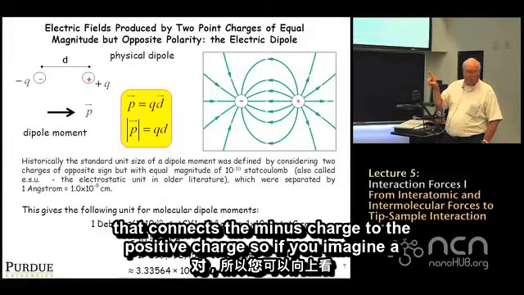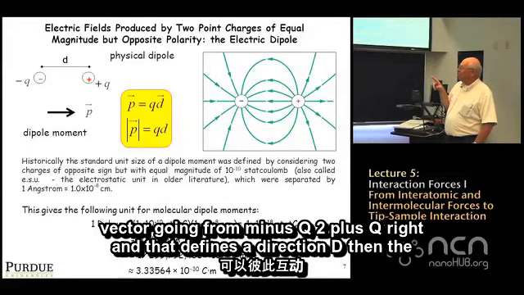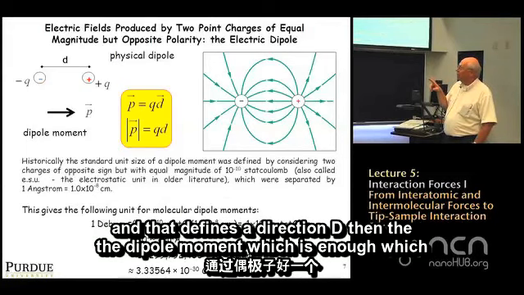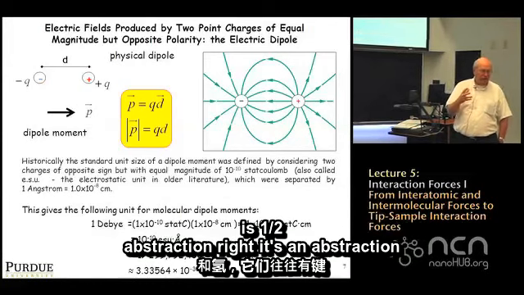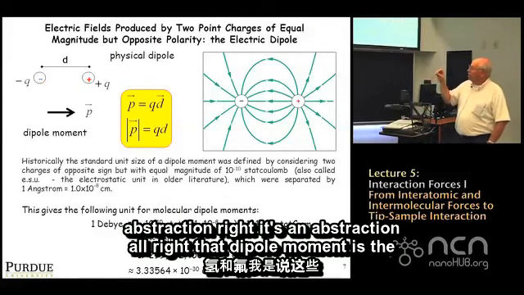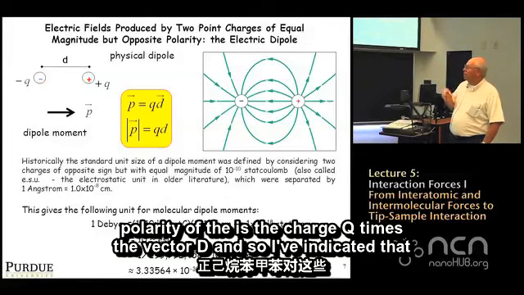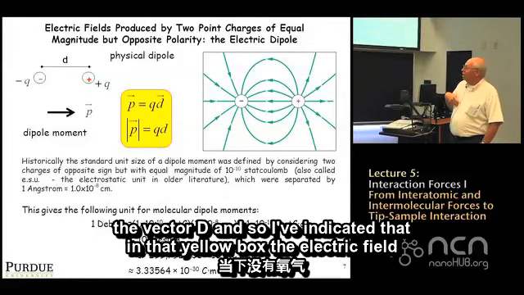If you imagine a vector going from minus q to plus q, defining a direction d, then the dipole moment, which is an abstraction, is the charge q times the vector d. I've indicated that in the yellow box.